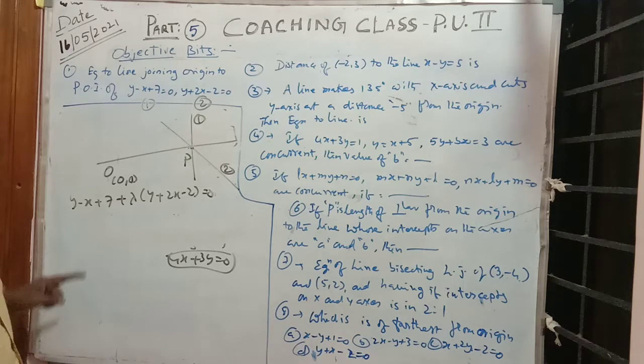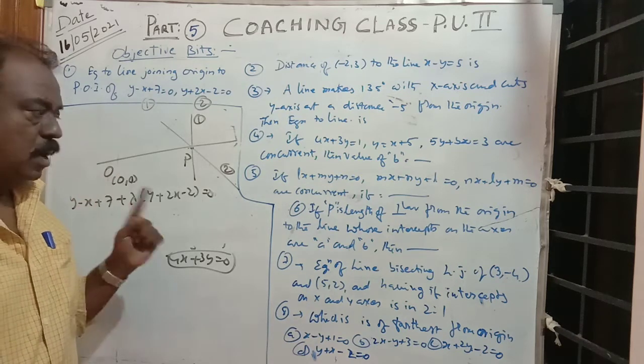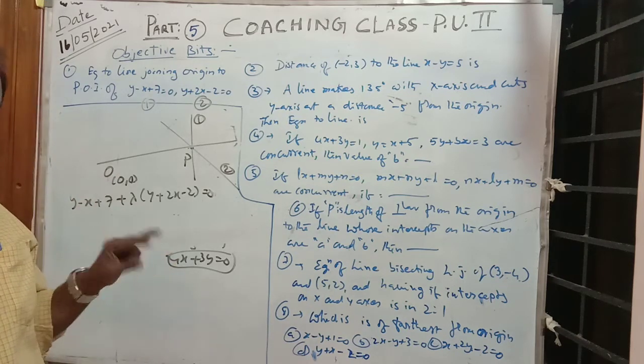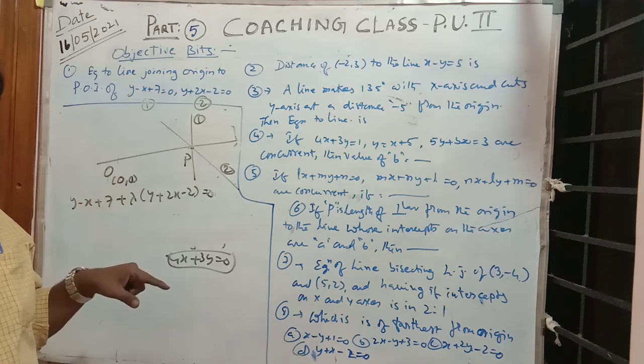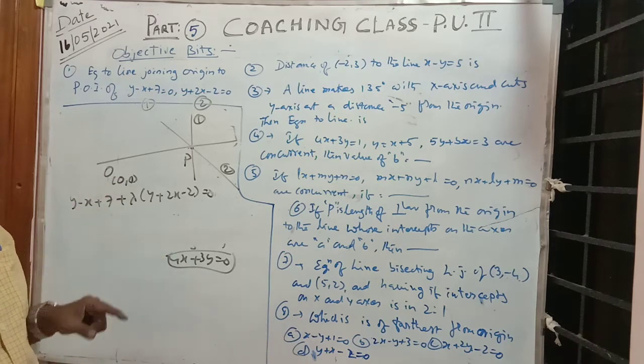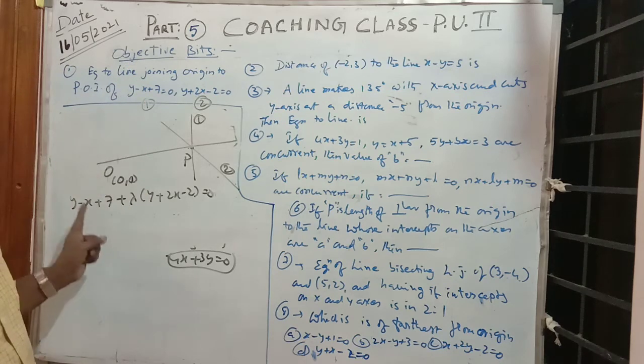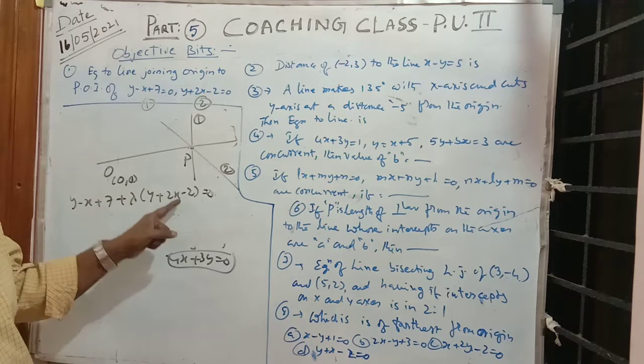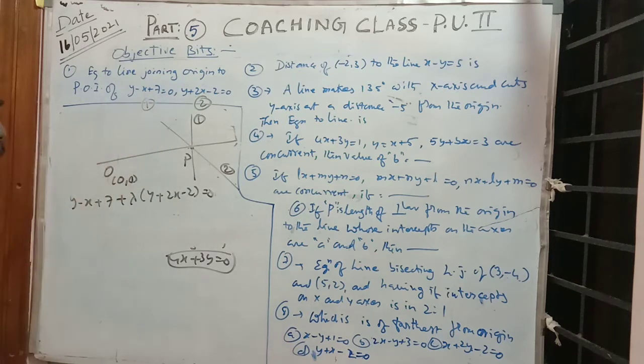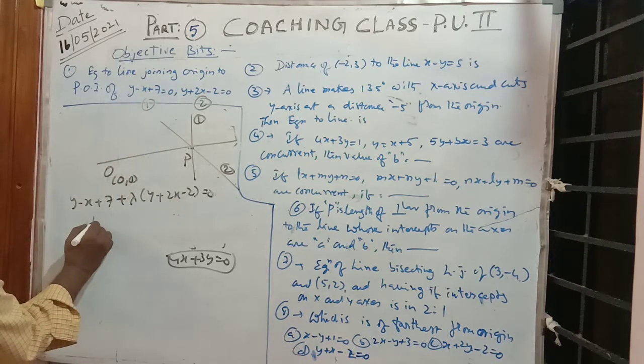Not only lines, but circles, two circles, a line with a parabola, a line with an ellipse, whatever it may be, when two curves are intersecting and another curve is passing through, it is first curve plus lambda of second curve. Here curve means lines.